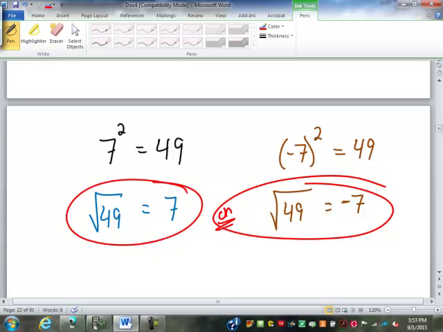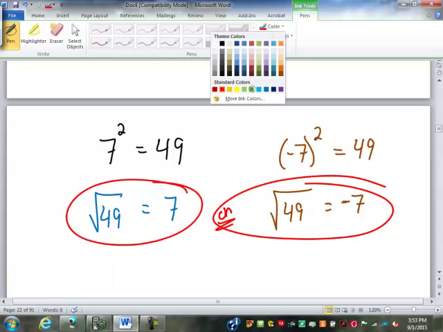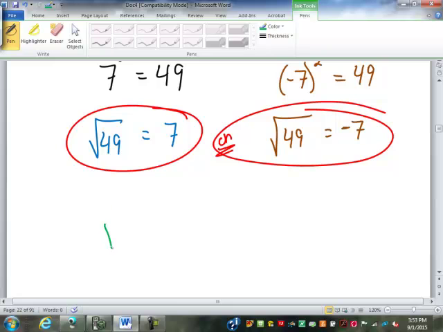When we do a square root, there will always be two answers, one positive and one negative, because a negative number squared is also going to give us a positive result. So we have to be careful with that. The square root of 25, most of us probably know off the top of our head that that is 5. But it could also be negative 5. So we have to be very careful with it.